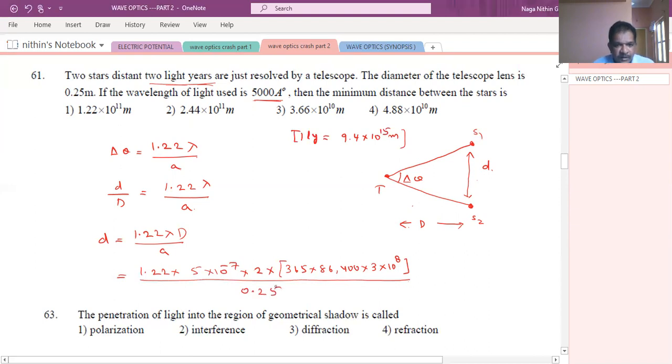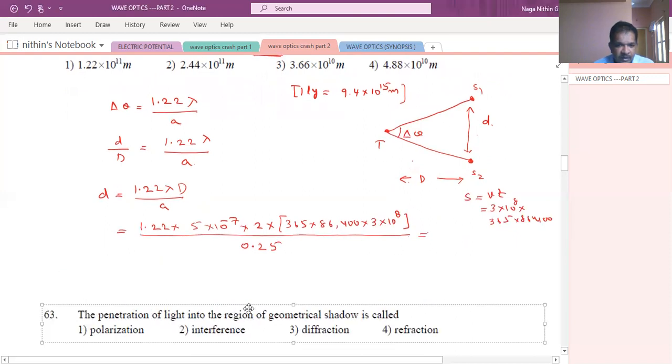If you calculate this value, finally, S is equal to V into T. This is 3 into 10 power 8, time value 365 into 86,400. That's why we wrote here. So finally, if we calculate this value, we will get 4.58 into 10 power 10 meter.